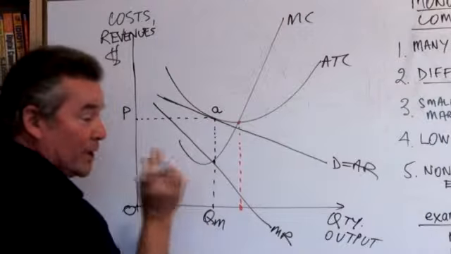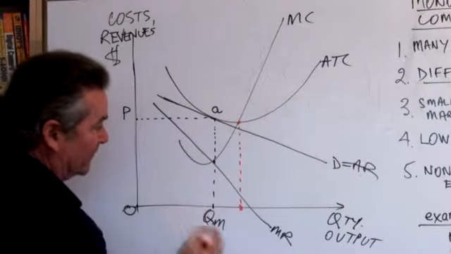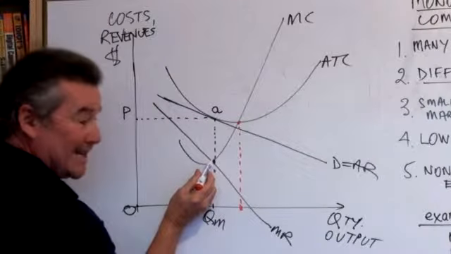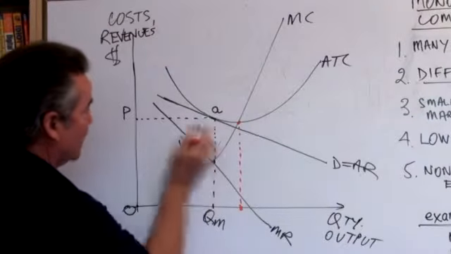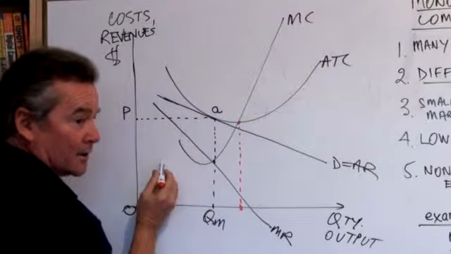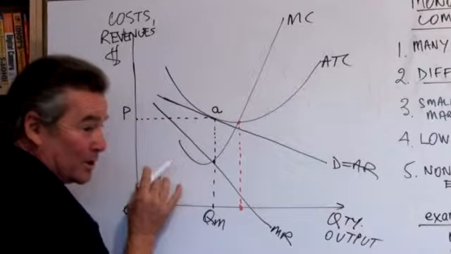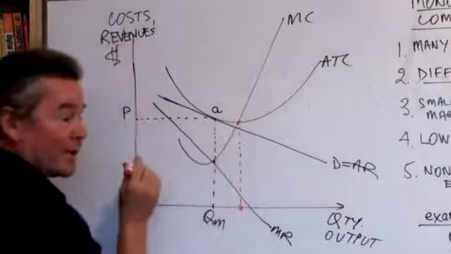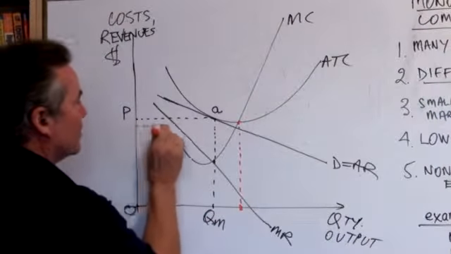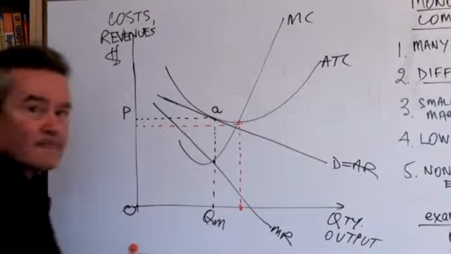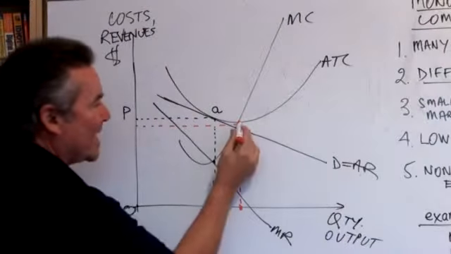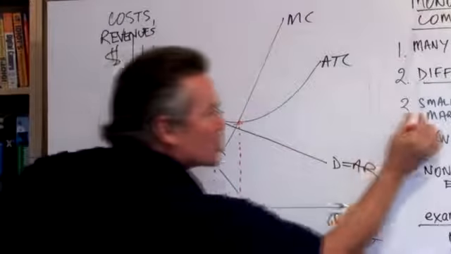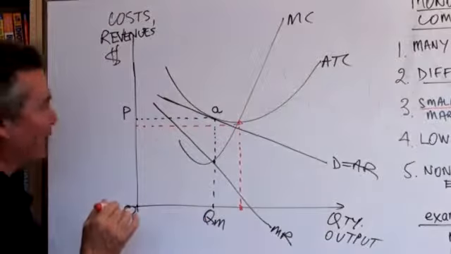And of course, we know that that's not allocatively efficient because there's the marginal cost associated with producing this level of output, and the price they're charging is significantly higher. So P does not equal MC, which is our precondition for allocative efficiency. And clearly, they're not operating at the point where a purely competitive firm would be charging. So here's that small degree of market power we've alluded to.